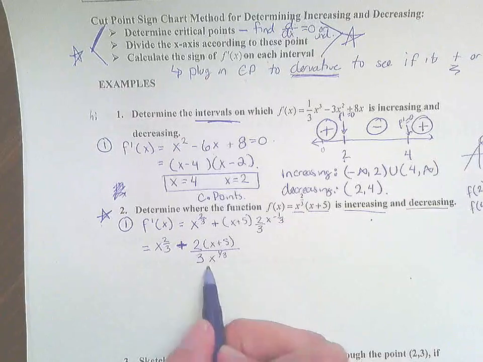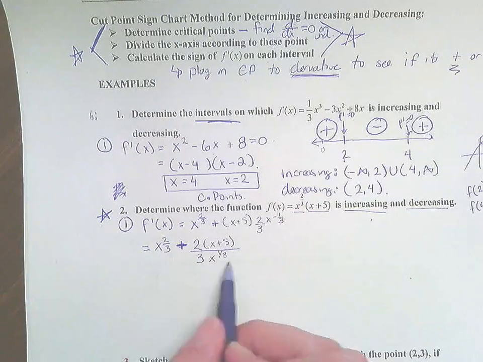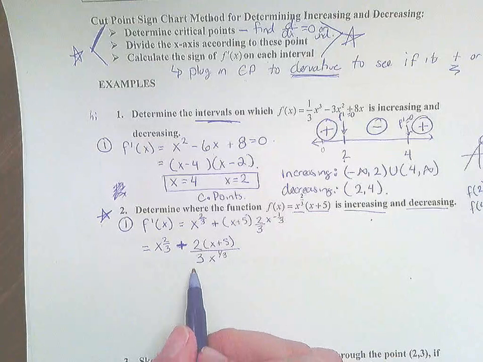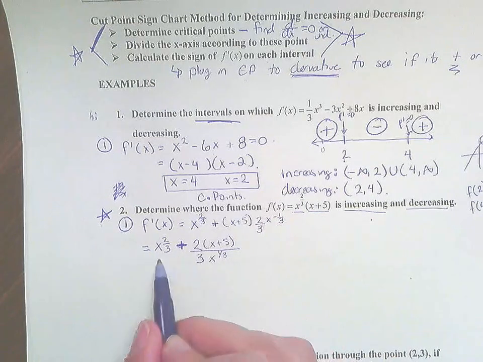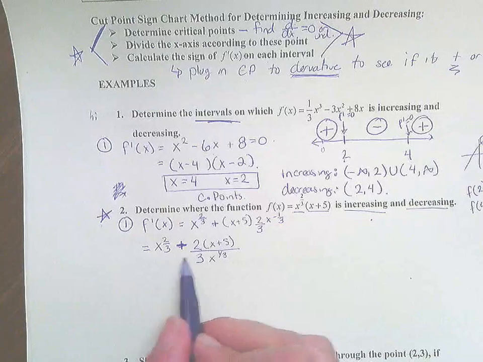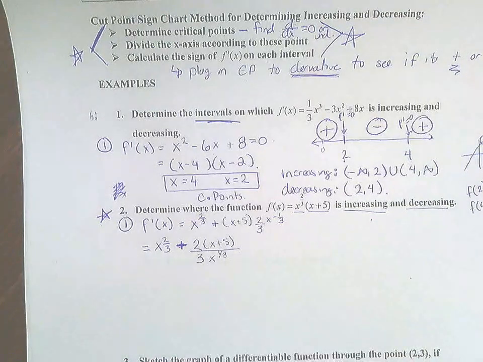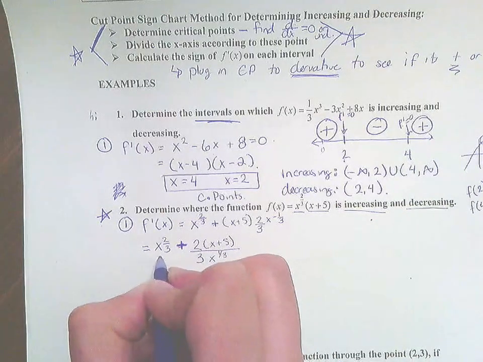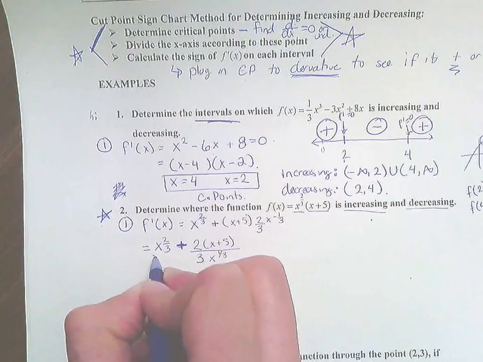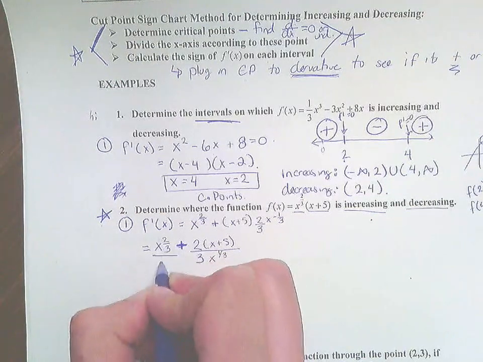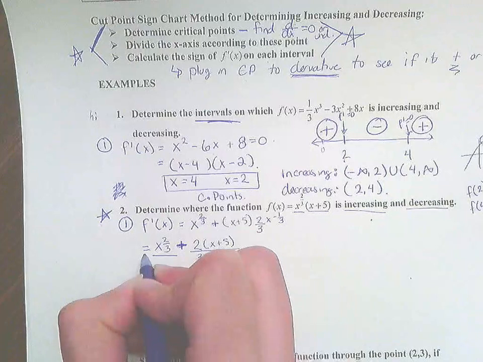The next step is I want to get a common denominator because I still can't figure out where this is 0 right now. So if I get a common denominator, then maybe I can combine them and end up with just a division problem. So to get a common denominator, I'm going to multiply the top and bottom of this by 3x to the 3rd.